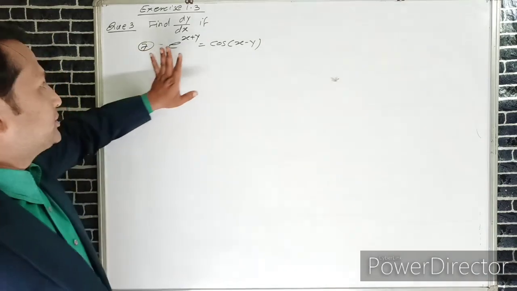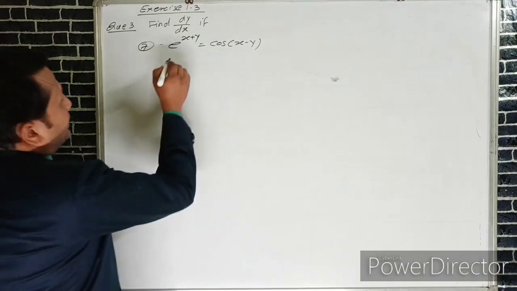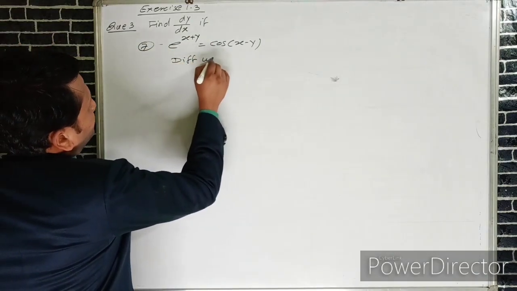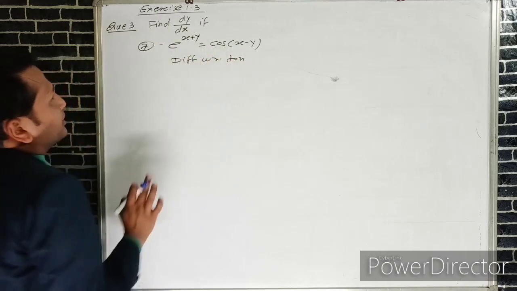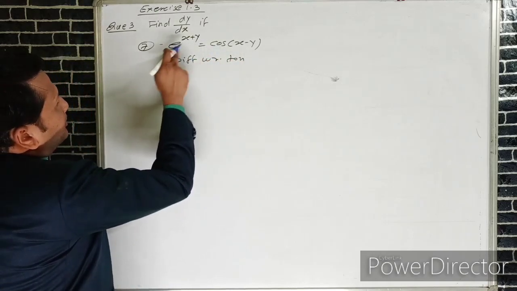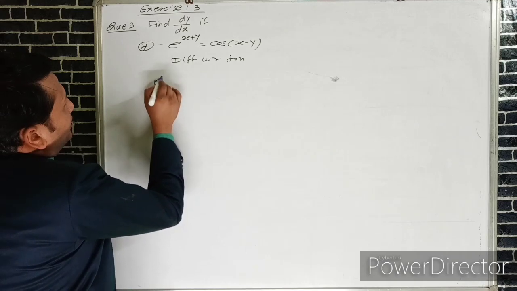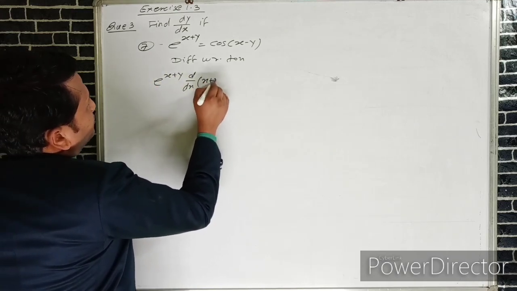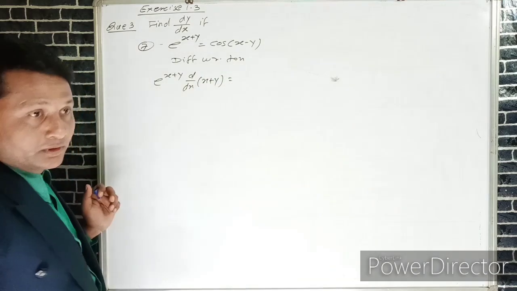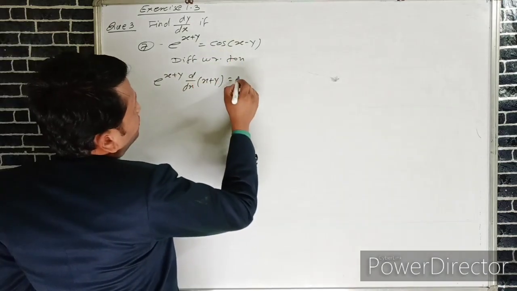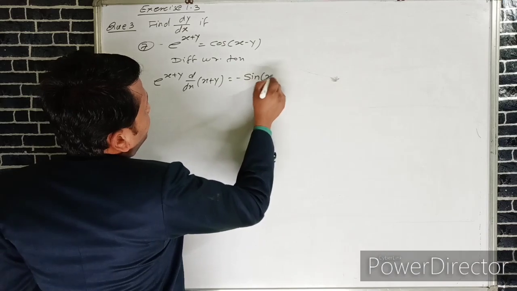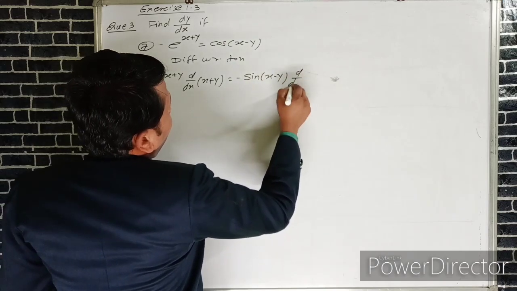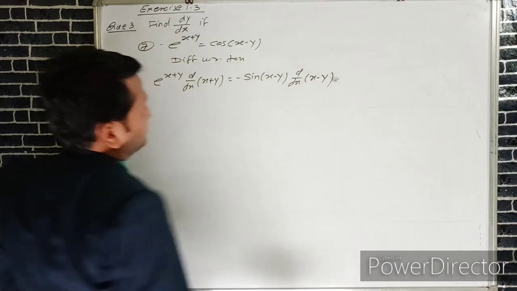The function is in implicit form. Again we can differentiate the given function with respect to x. Here we can take a separate derivative of e to the power x plus y, which is e to the power x plus y into again the derivative of x plus y by using the chain rule. Here the derivative of cos of x minus y is minus sin of x minus y into again the derivative of x minus y.